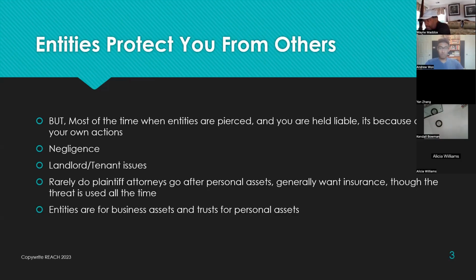So most of the time, when there is a problem with our entity getting pierced, meaning the court says that they can get to you as a person, it's because we're not following the rules that have been laid down in law by the feds or the state in terms of what you have to do to make sure that you are in compliance with the law.